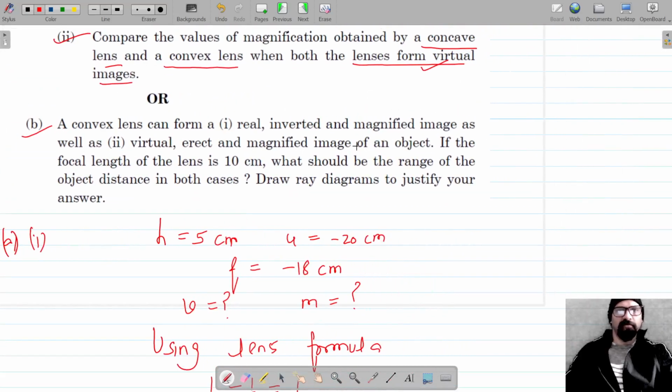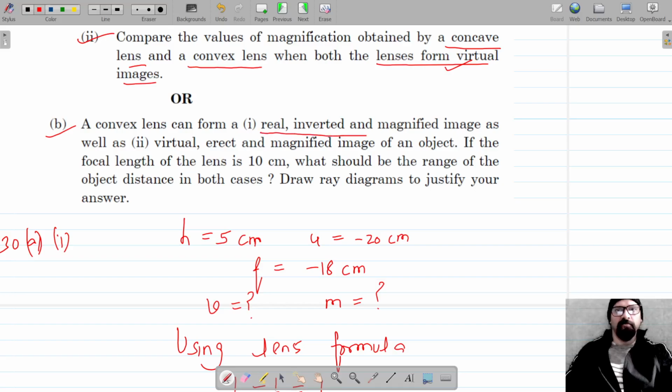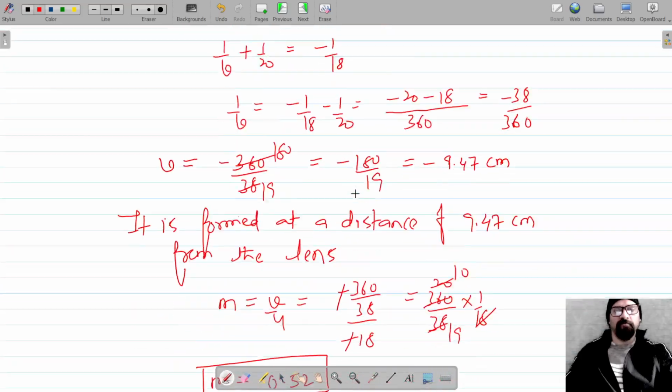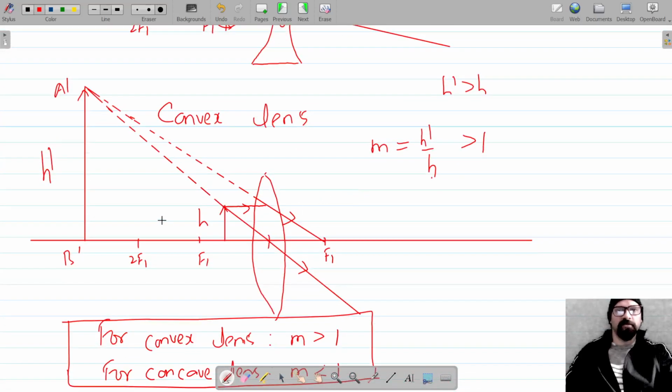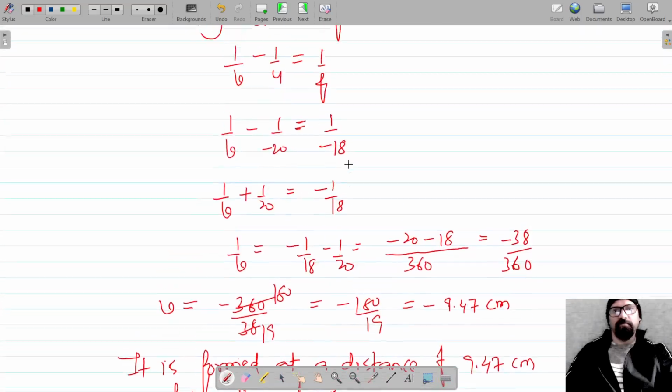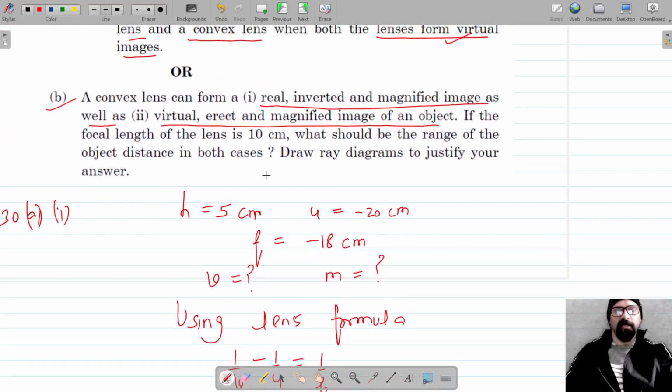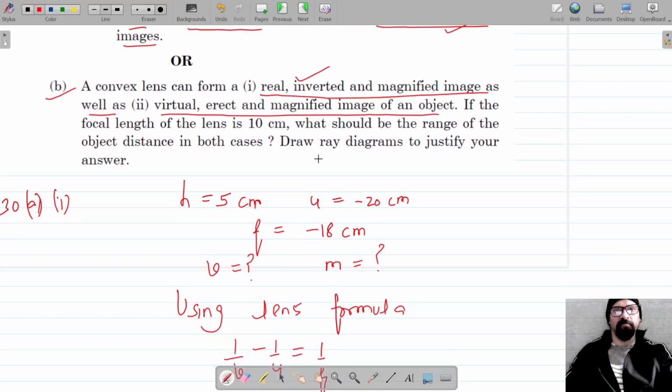It says a convex lens forms a real, inverted and magnified image as well as a virtual, erect and magnified image. So for the virtual, magnified and erect image, we have the ray diagram. Let's draw it for the real, inverted and magnified image in case of a convex lens, and the focal length is 10 centimeters.